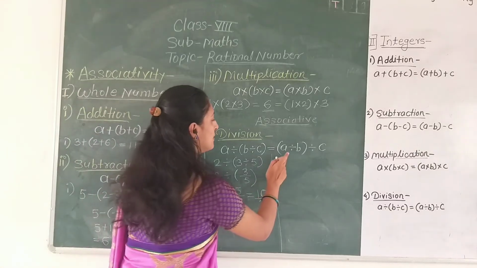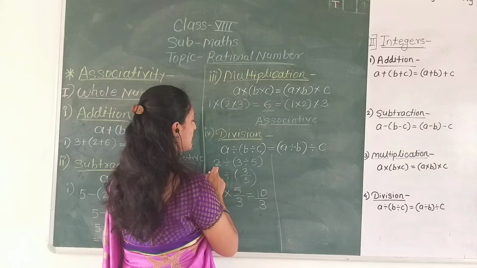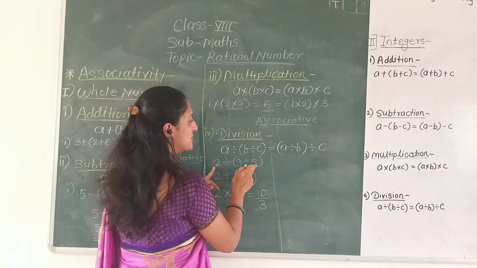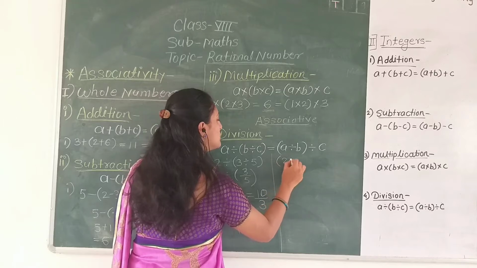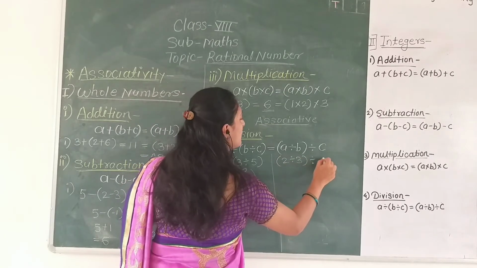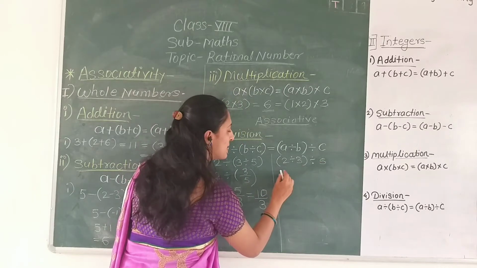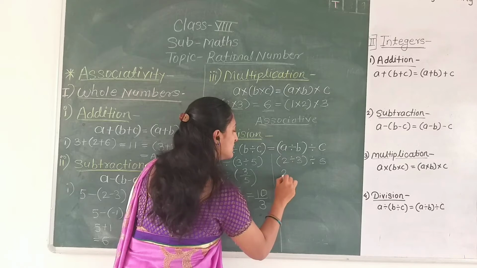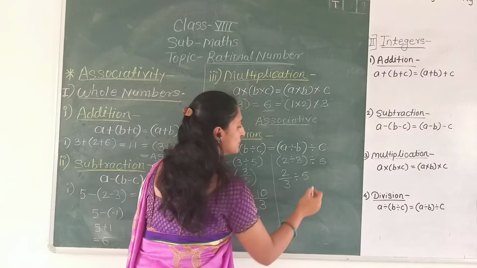Now for RHS, here the number A is 2, B is 3 and C is 5. So let us make the group of A and B here. That means (2 divided by 3) divided by 5. Okay. Now we have to solve this bracket first. 2 divided by 3 means 2 upon 3 divided by 5.